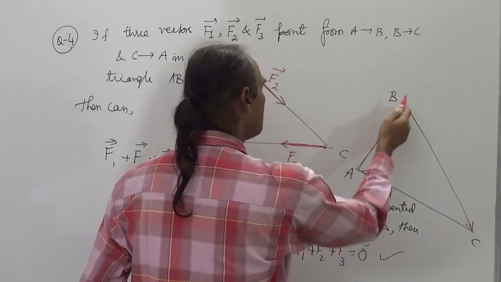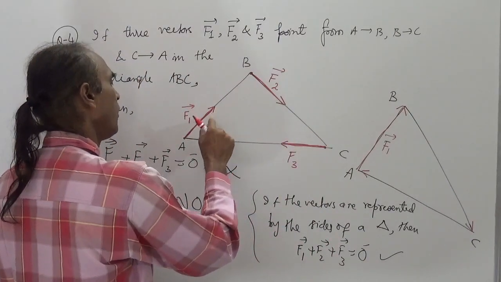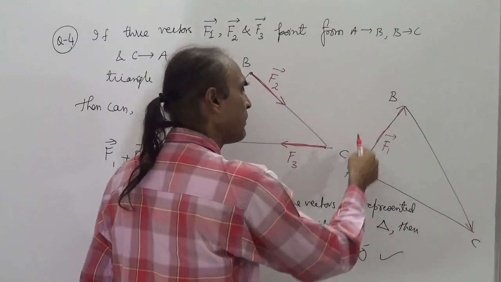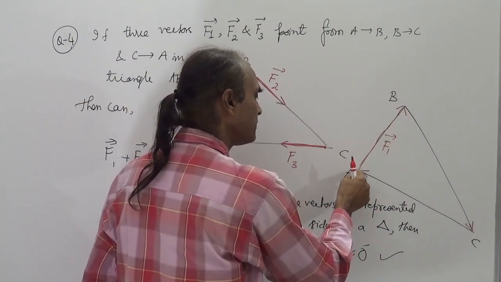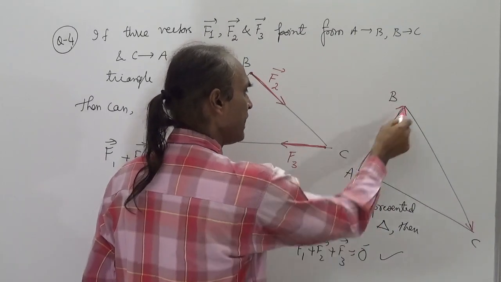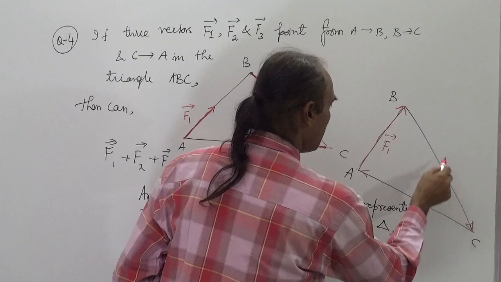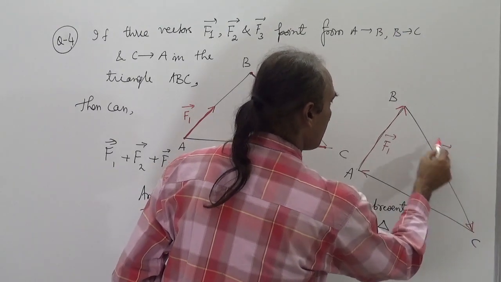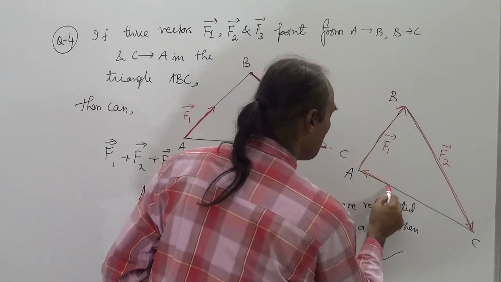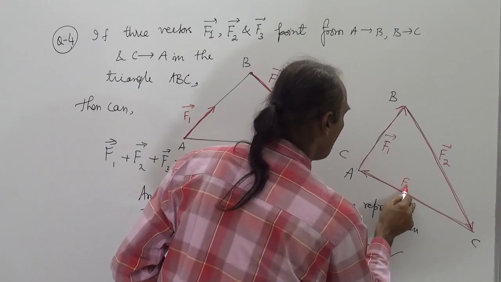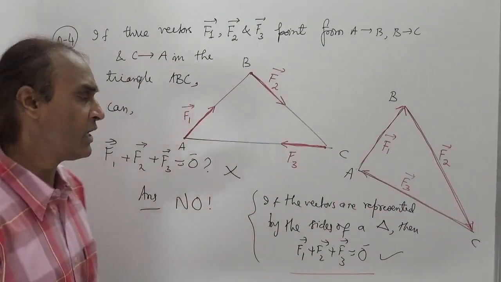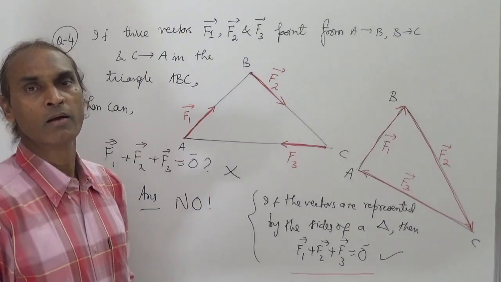Its tip cannot be in between, because the side AB represents the force F1. That means the tip will be at B, the tip of the vector F2 will be at the point C, and the tip of the vector F3 will be at the point A. In this case, the sum of these three vectors will be equal to 0.